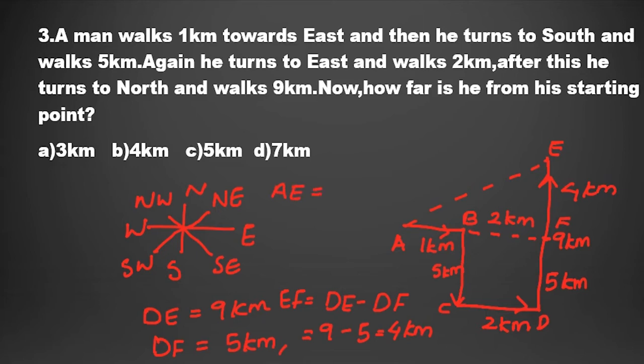We use Pythagoras theorem, that is AE is equal to root of AF square plus EF square.